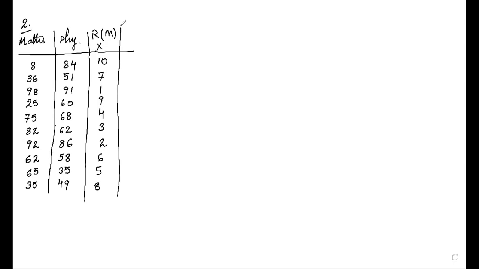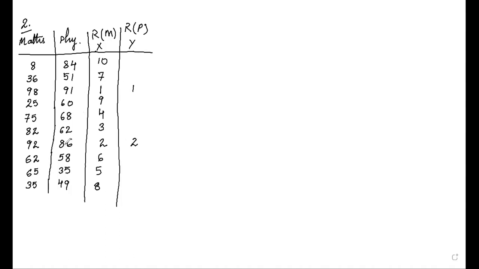Similarly, we need to give the rank according to their scores in physics, and let it be denoted by Y. In physics, the highest mark obtained is 91, so it got 1. Then the next highest after 91 is 86, so it will be 2.